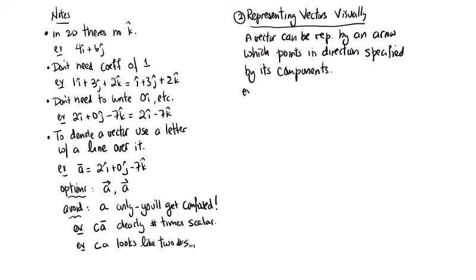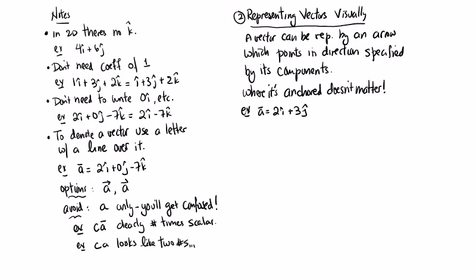Let's look at an example. Oh, and before I give you an example, I'll say this. Where it's anchored doesn't matter. And so, for example, the vector, say, A, which would be, say, 2i plus 3j.